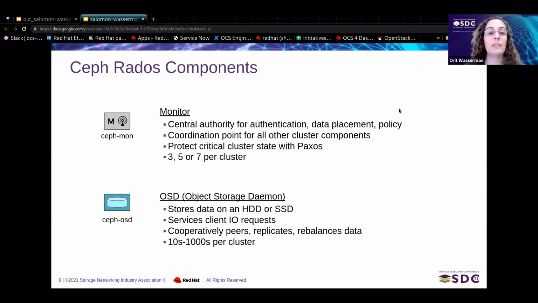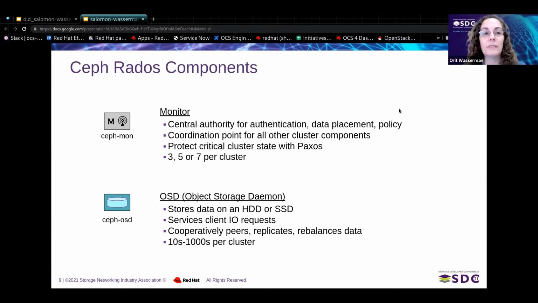We'll go on to important components of Rados. We have the monitors. They are the cluster manager. They hold the cluster view and map and handle clustering events. The monitor uses Paxos as a consensus algorithm, and we have from 3 to 5 monitor nodes in the cluster.